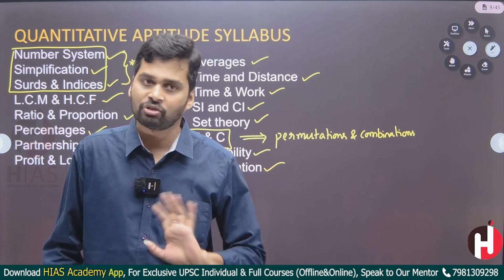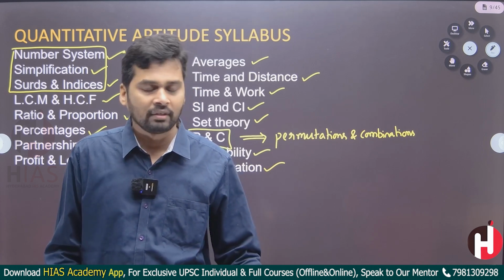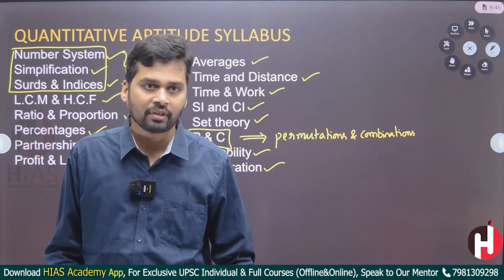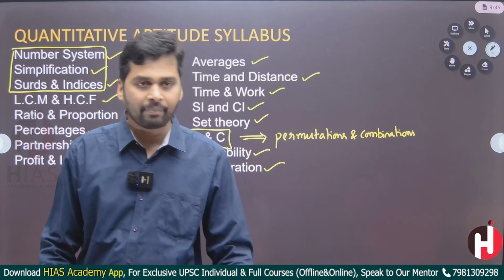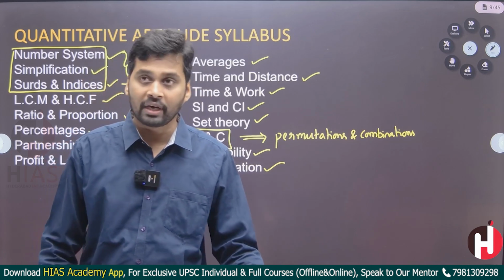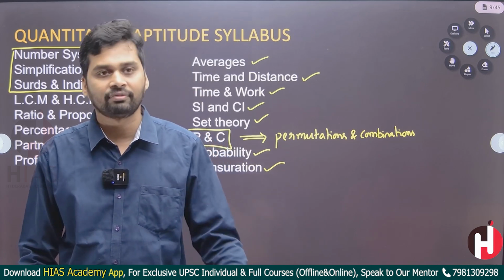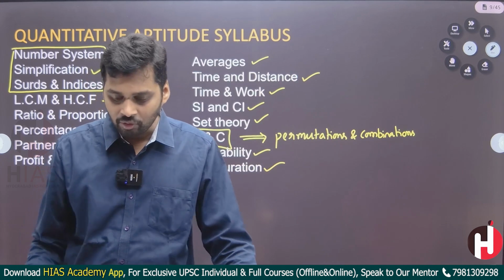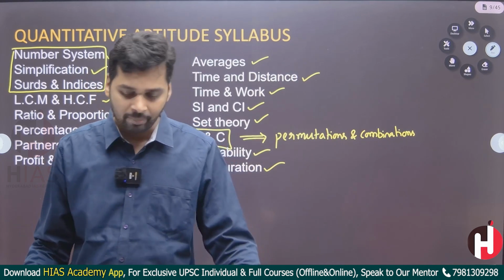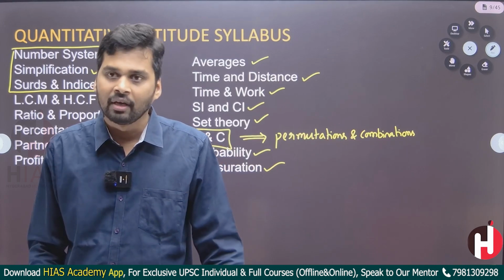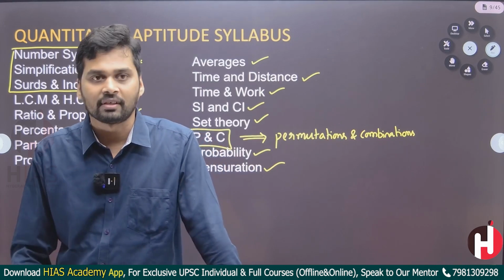Not all the questions, only around 6 to 7 questions were given in that standard. Fairly, it was a moderate paper in 2024, but 2022 and 2023 were a little bit tough. Tough because you don't focus more on the quantitative aptitude part. That is the only reason. If you prepare well for quantitative aptitude, then you can easily qualify in CSAT.